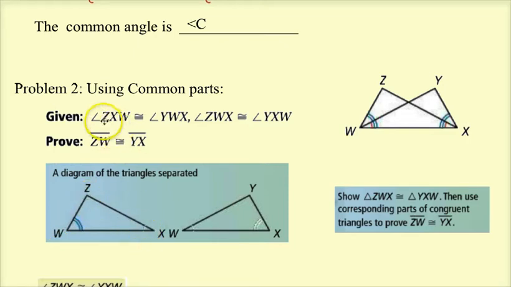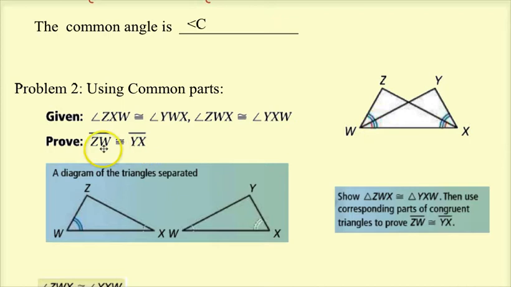That was that first one, angle ZXW, is congruent to angle YWX, which is over here. So basically this little corner of the one triangle is congruent to the little corner of the other. When they were together, that little corner was part of also the big angle of the other triangle. So that's where it gets a little complicated.